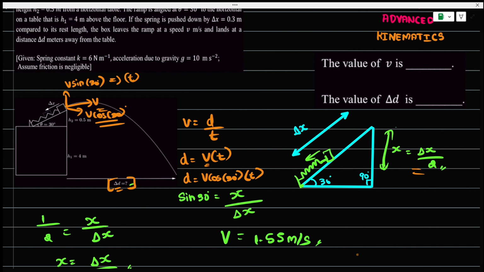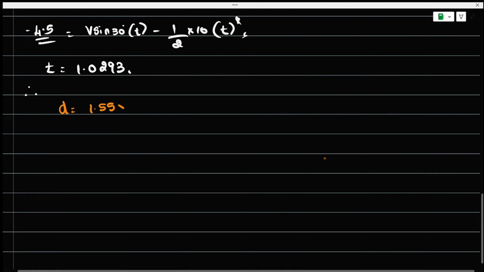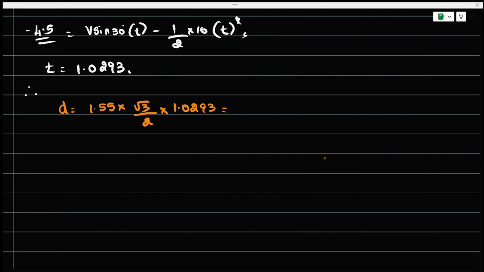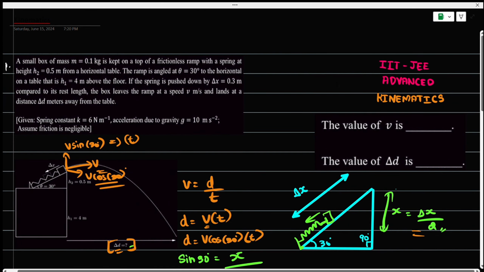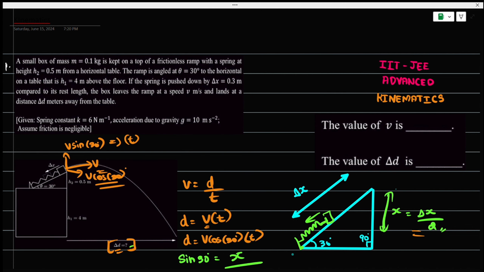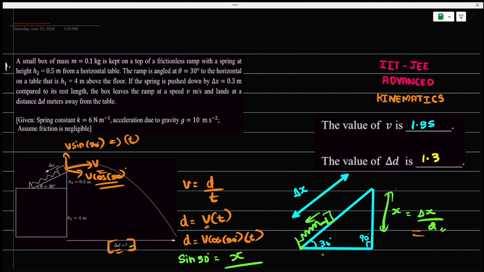Now d is equal to v, 1.55, into cos 30 degree value root 3 by 2, into time of flight 1.0293, and the final answer is 1.38 meters. If my calculations are all correct and if I have not committed any error in any of the steps, then the answers will be 1.55 for the speed and 1.38 for the distance.